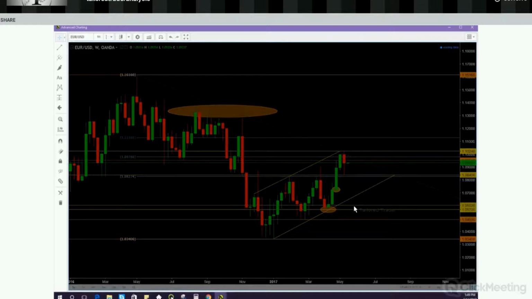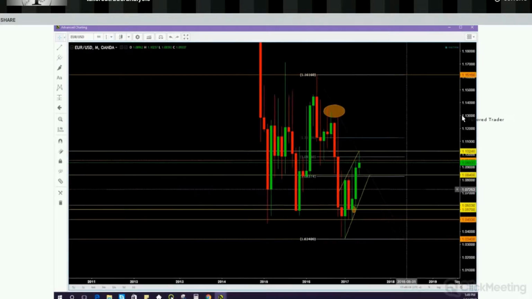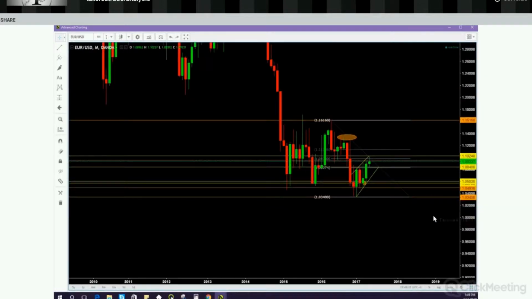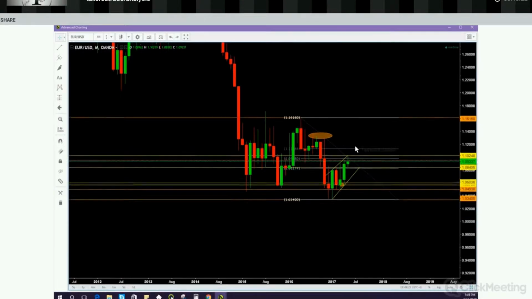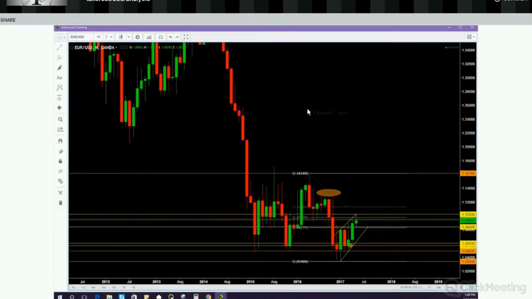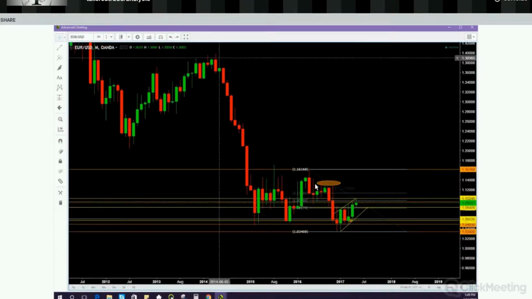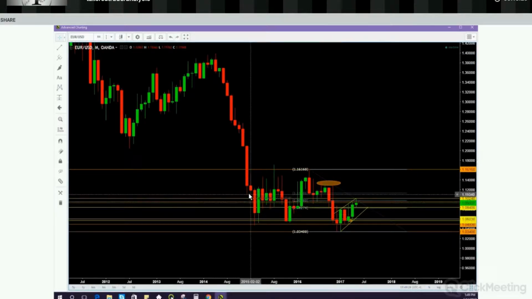a monthly really quick and explain that on the monthly, the Euro USD has been kind of trapped in an overall range for quite some time. Starting from 2015, give or take, this thing has just been kind of sideways.